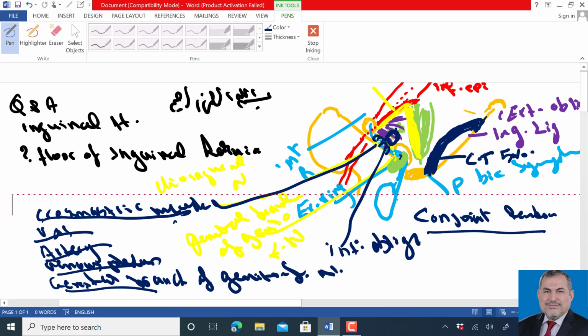What's Cooper's ligament? Cooper's ligament is the periosteum of the superior ramus.